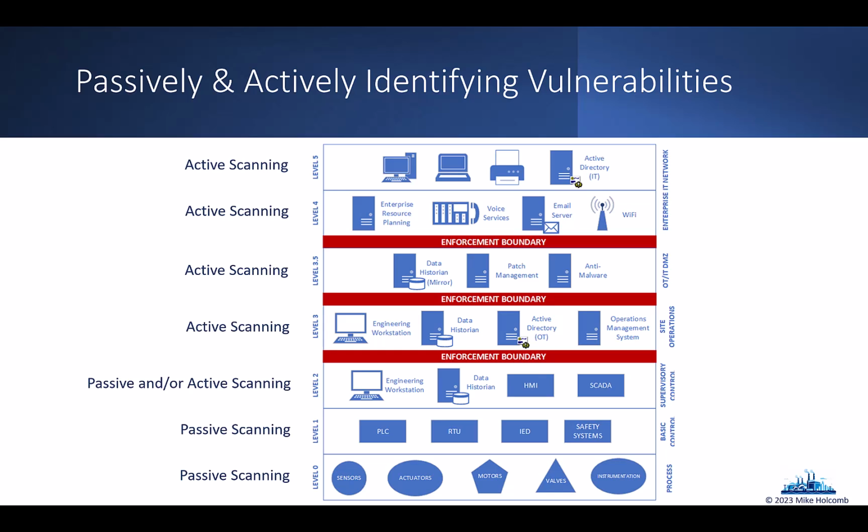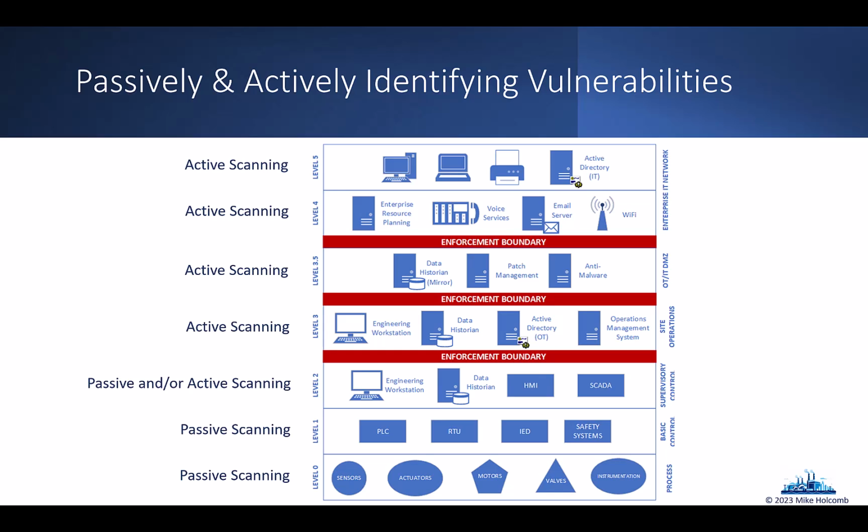And same thing with level 3. It's engineering workstations running Windows 11 and data historians running Windows Server and Active Directory and operation management systems running all Windows. And again, as long as there's no threat to physical safety, environmental safety, or availability, why not?